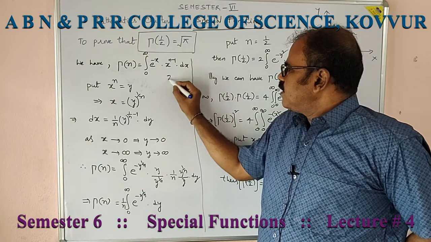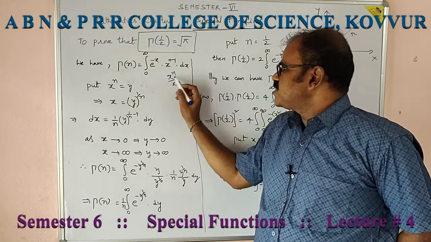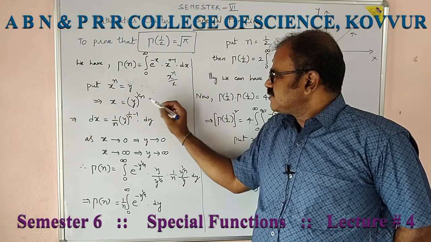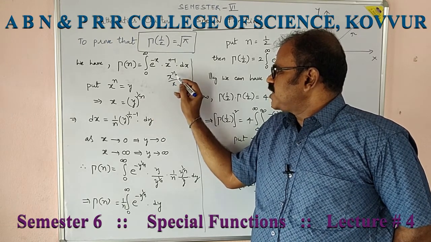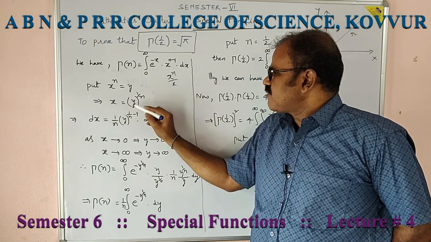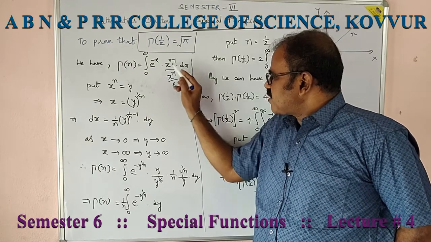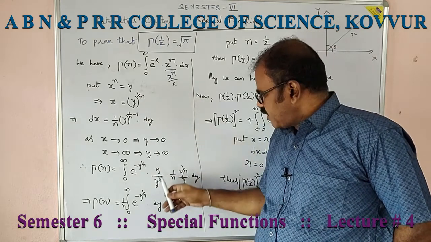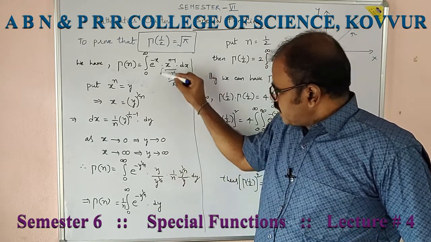It is nothing but x power n by x. In place of x power n we write y, and in place of x we write y power 1 by n. So this term becomes y by y power 1 by n.